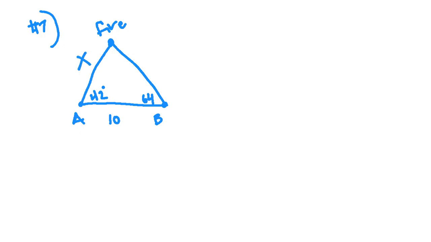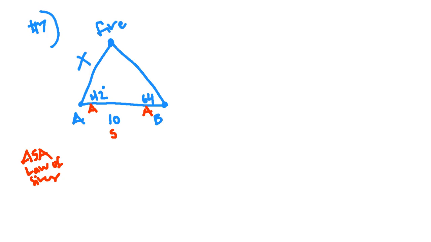Let's label what we have. We have an angle, we have a side, and we have an angle. And based on our information on the flip book, angle side angle is the law of sines. All right, this is a good one to end on. Now let's label our parts.